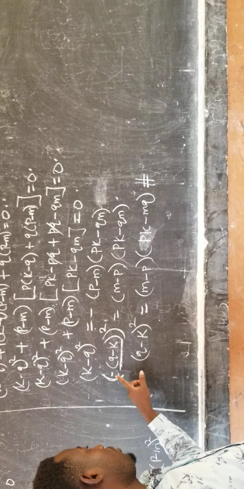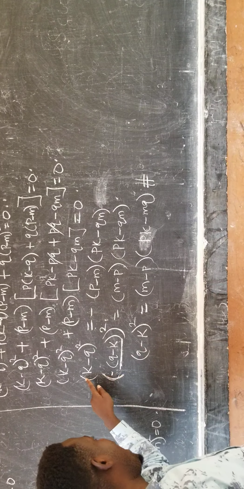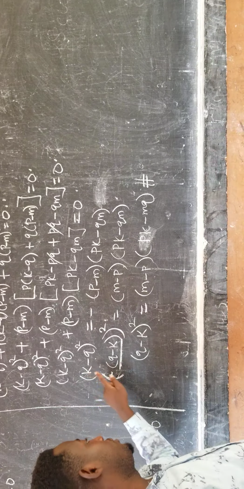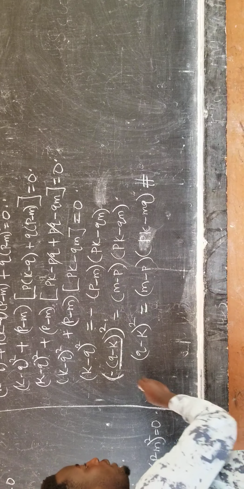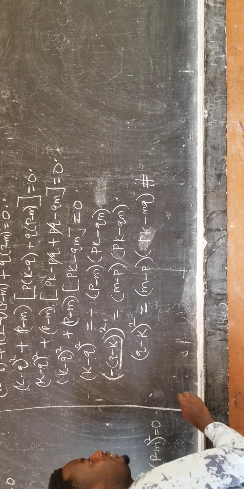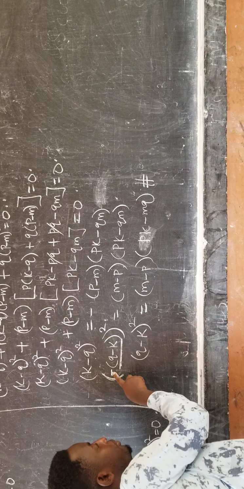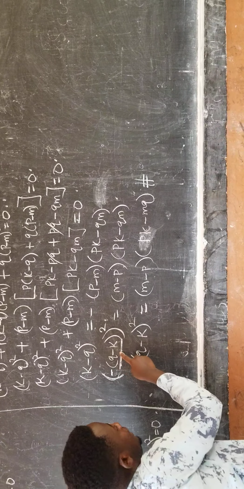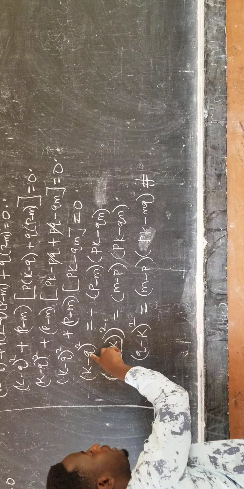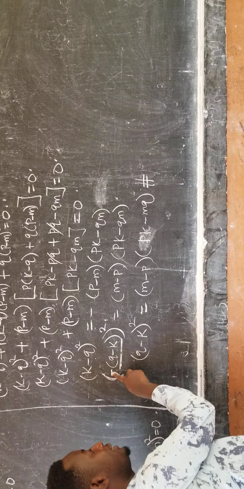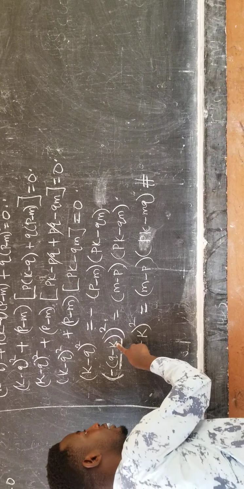Okay, some people might want to pry into how we have changed this into this, because it might be quite confusing for them. However, when you look at what I have done, I have just pulled out a negative from this bracket. If I return it back, q will be a negative, minus q. K will become positive, because negative times negative is positive.